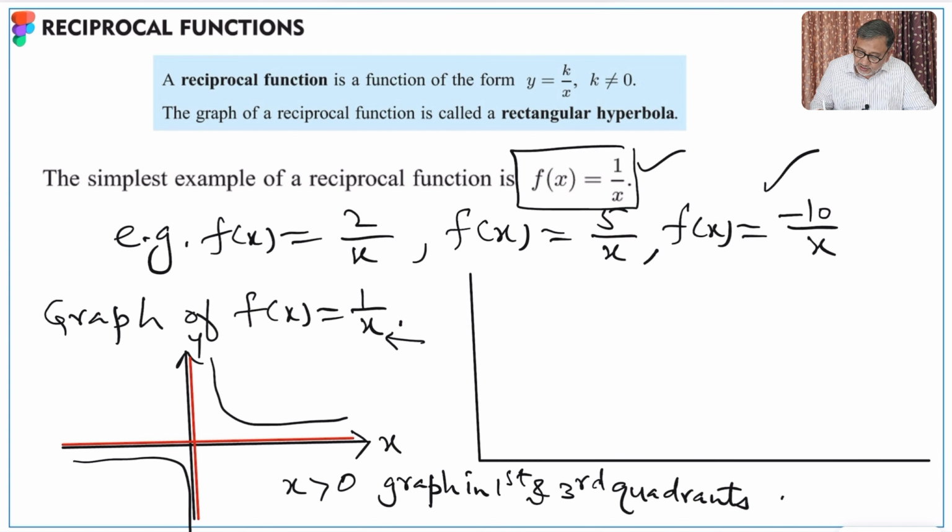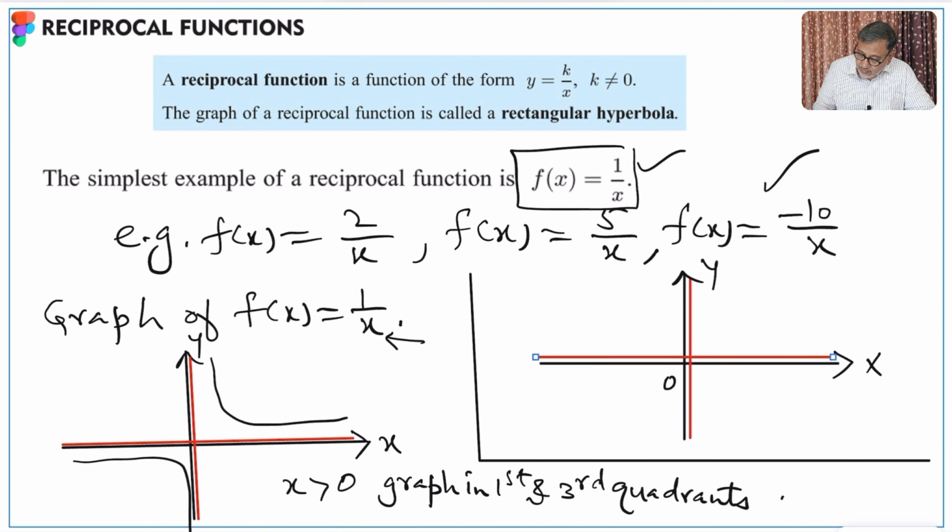For this graph, again the x-axis and y-axis will be the asymptotes, but the graph will be in a different place. I will put it very close to it. Yeah, I cannot put it exactly. Okay, leave it like that.